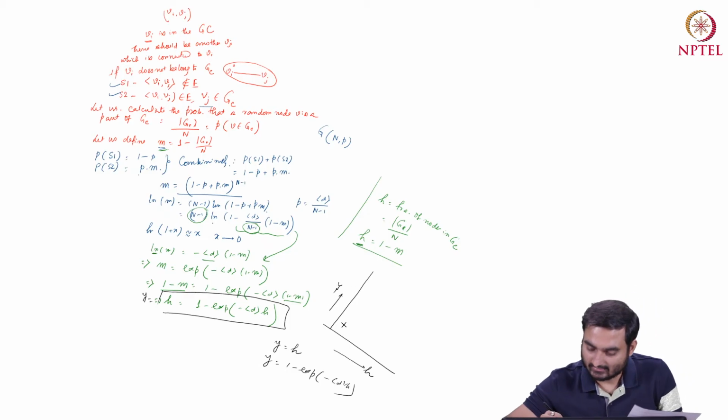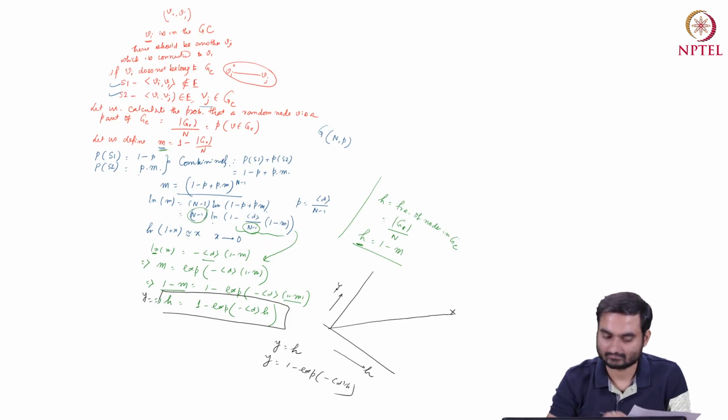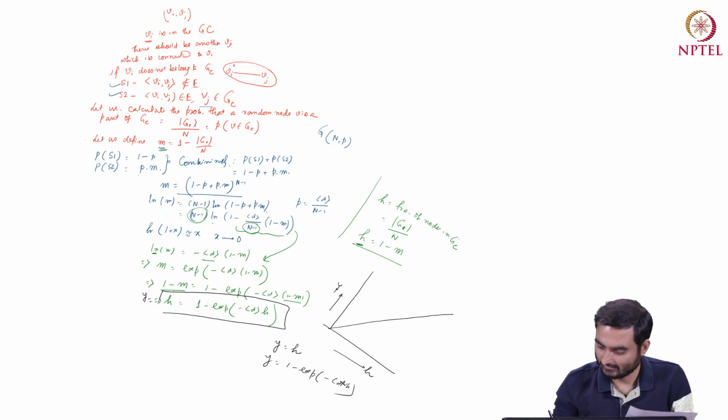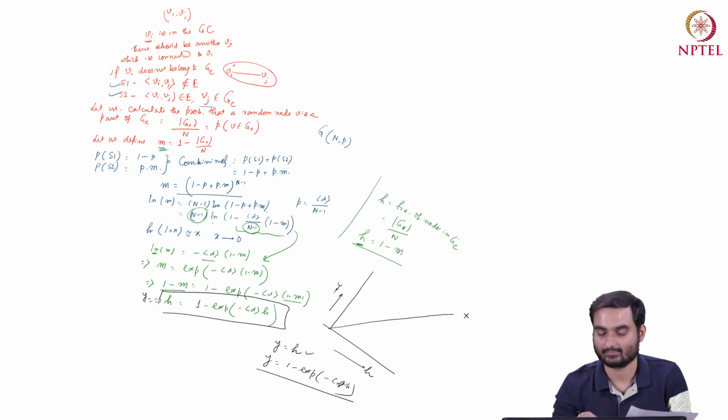So y equals h is this one. How do you get the y value from here? This curve is already plotted. What about this curve? Here you see there are three unknowns, h, y and mod d.